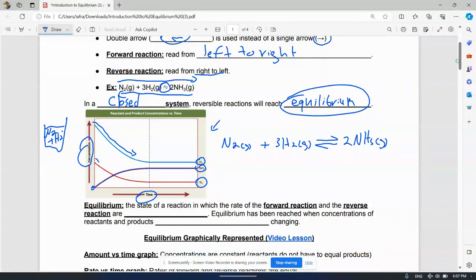And your N2 does the same because you're essentially using up the reactants to make product. So your NH3 starts to rise. And you'll see that it's a pretty fast decline at the beginning, pretty fast increase at the beginning. But eventually the decline and the increase, they start to level off.